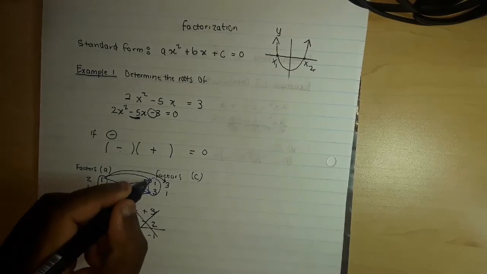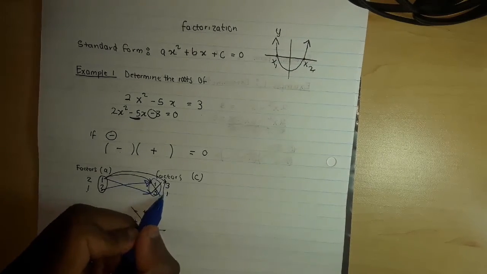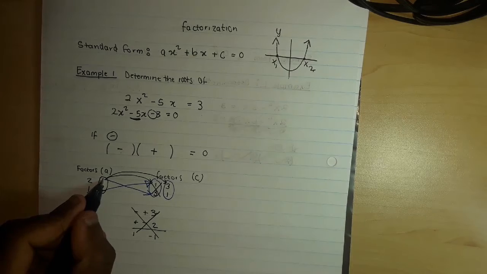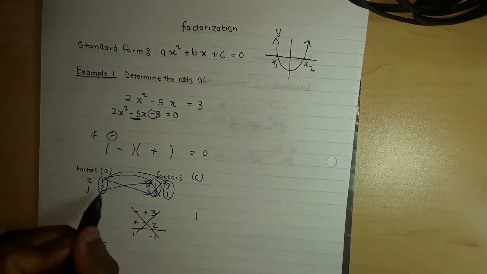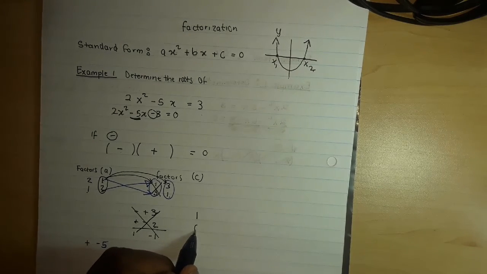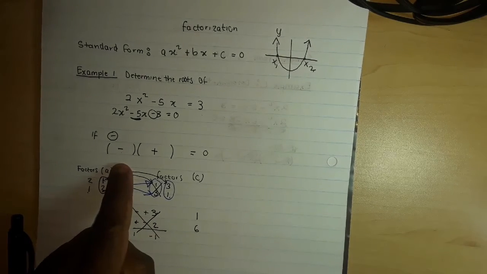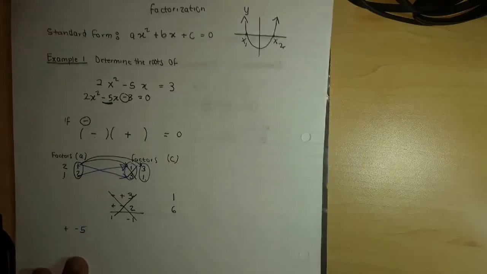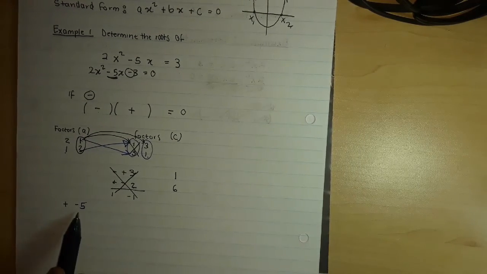So we scratch this out and continue to the second factors. Now we multiply 1 times 1, we get 1. We multiply 2 times 3, we get 6. Remember we said the sign needs to be a plus and minus, so we automatically know what we're looking for.